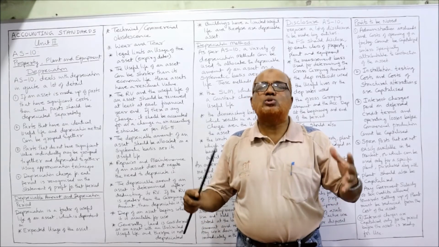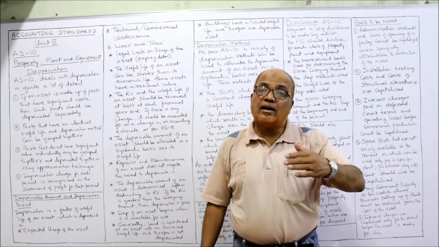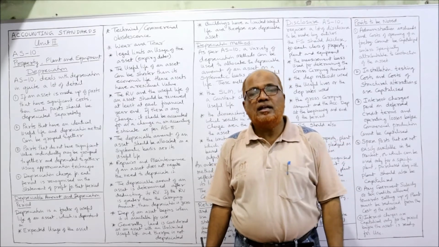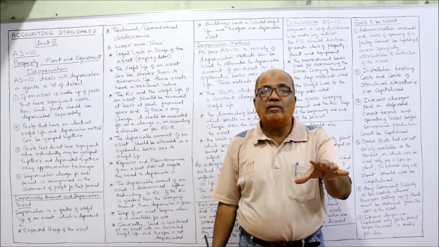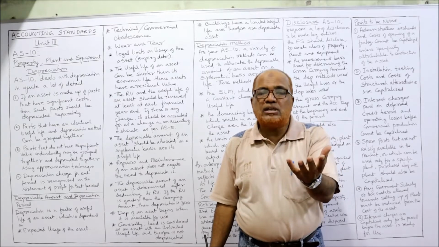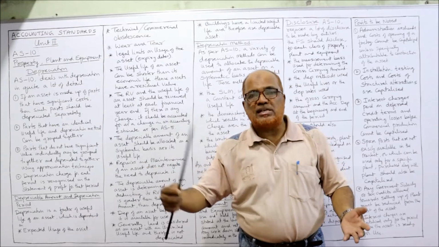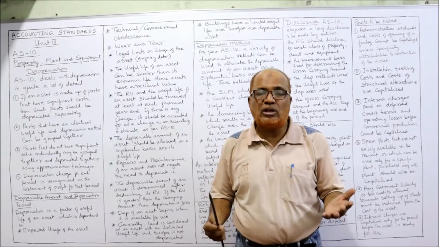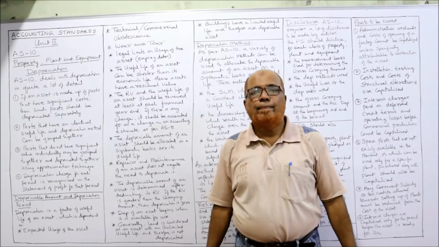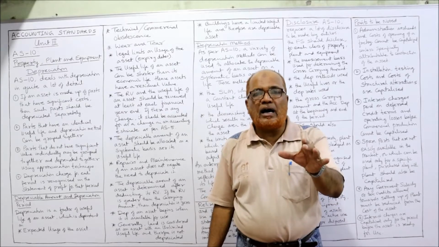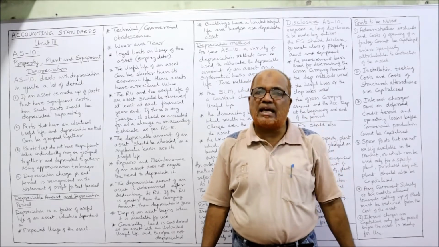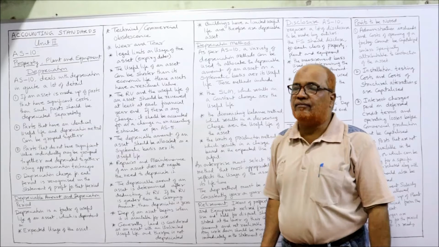The asset can be used only for 8 years, but the economic life is 10 years. In that case, we will have a residual value. That means after using the asset for 8 years, we can sell it away. It will have some commercial value. So this residual value will arise whenever useful life is less than the economic life.